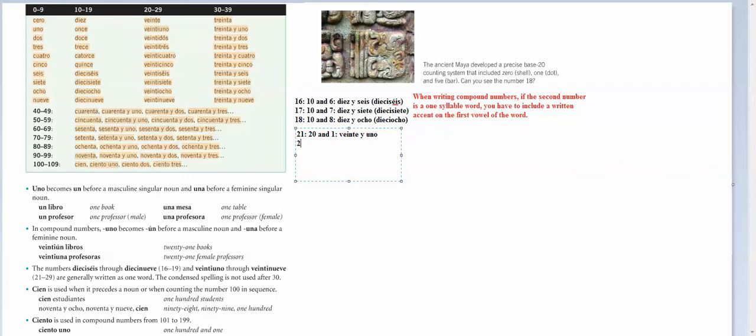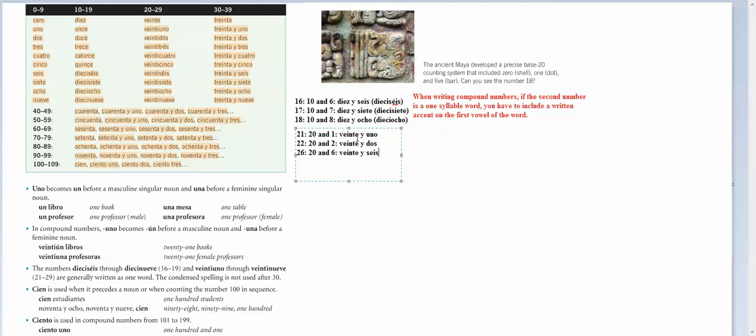And 22 would be 20 and 2, which would be 20 y dos. Or I might have 26, which would be 20 and 6, which is 20 y 6.